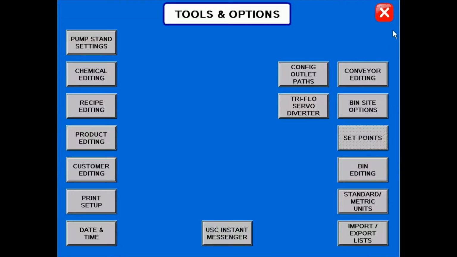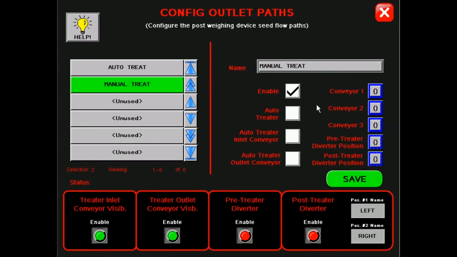The next thing we are going to do is set up our outlet paths. It's pretty simple like this one where it doesn't have a diverter or anything like that. Then you'll just have auto treat and manual treat. If you have different outlet conveyors, it can take different paths.